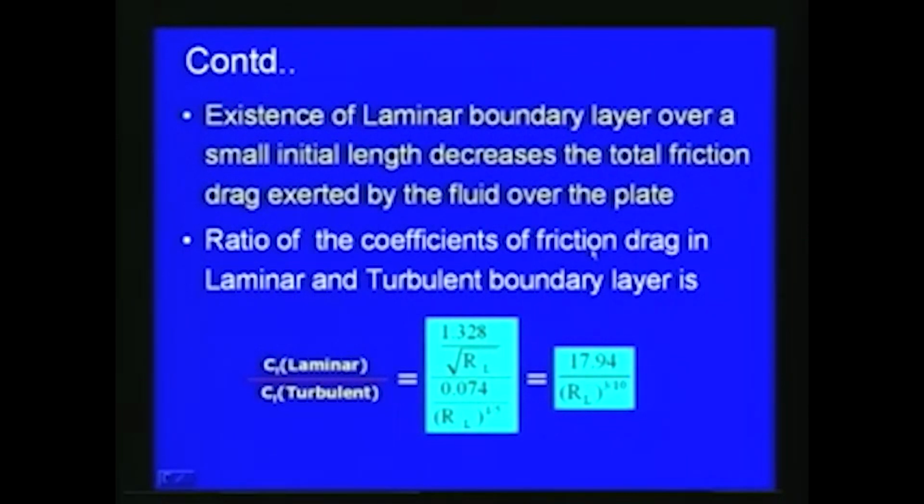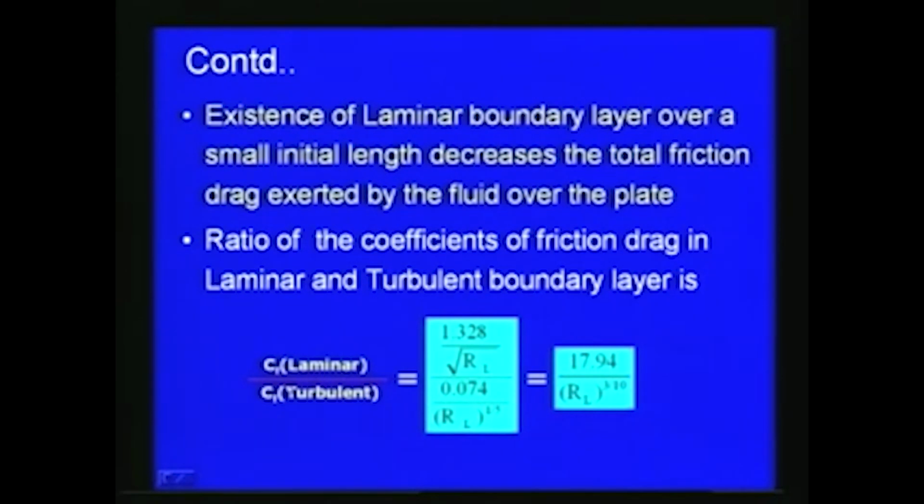Now, consider the ratio of the coefficients of friction drag in laminar and turbulent boundary layer. We have already seen the coefficient of friction drag for the laminar boundary layer, and also for the turbulent boundary layer.